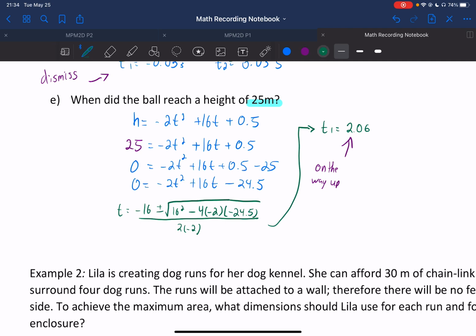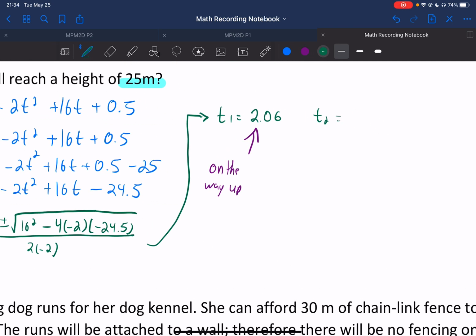Our second point, so our t2, is going to equal 5.94 seconds. And that represents the way down. So it's reached its max height, and now afterwards it's taking its sweet old time to get back to the ground. That's on the way down.